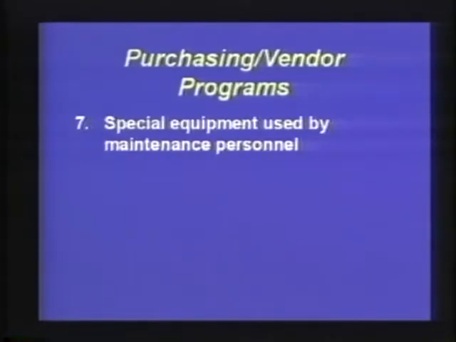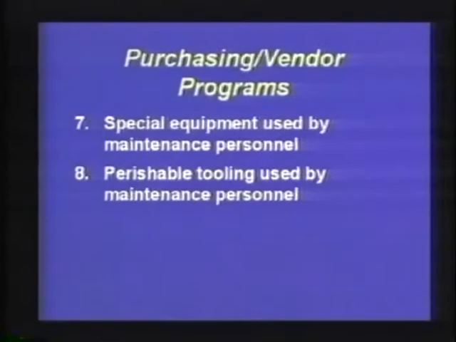Number 7 would be the special equipment used by maintenance personnel. And in this case, that could embrace predictive maintenance tooling, predictive maintenance equipment, and here again, you may want to first lease with the possibility of purchasing at a later date.